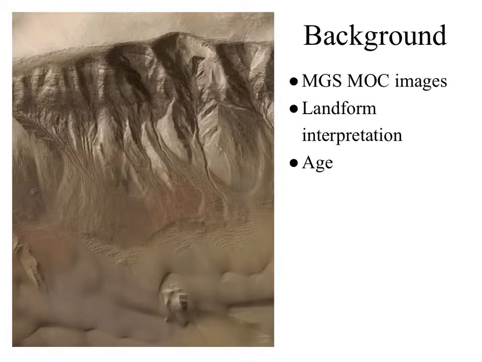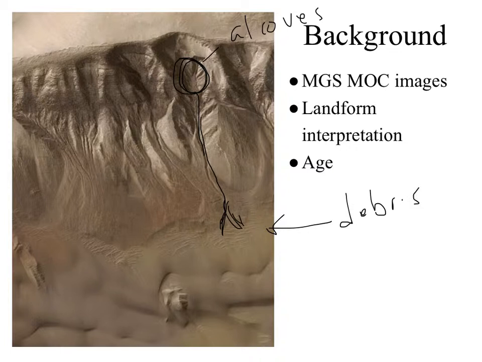So, with the higher resolution cameras in orbit, people started seeing these structures on the sides of hillsides, craters, slopes, and so forth, where there appear to be these source alcoves high on the sides of these slopes, with some channel cutting down the slope, and then with the material leading to a debris apron at the bottom.